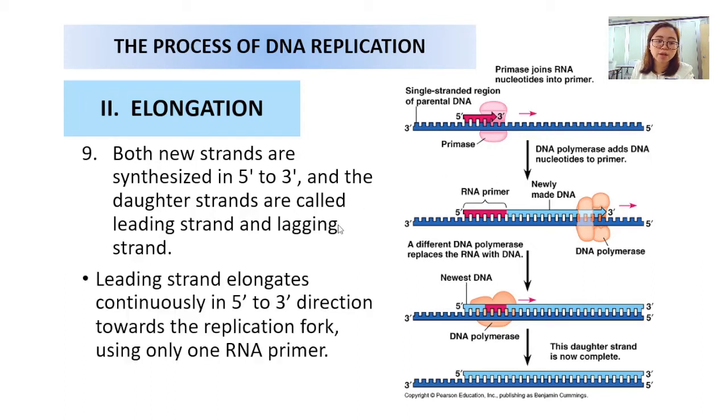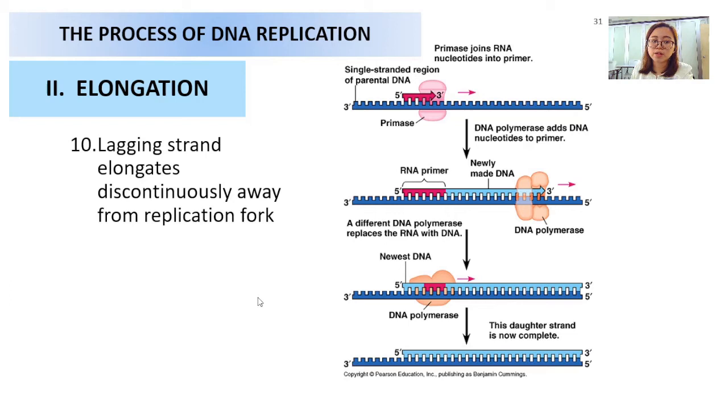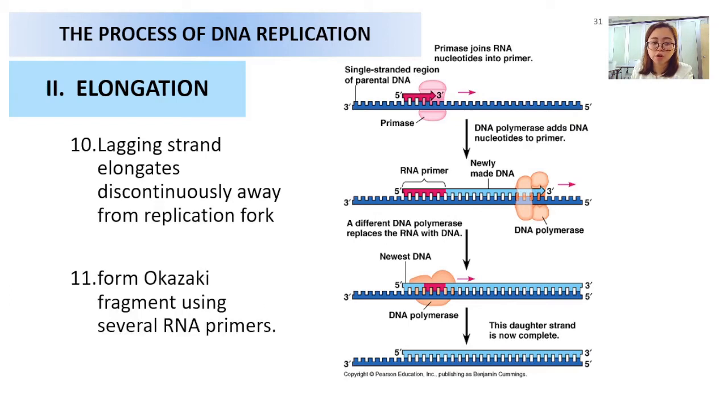The leading strand will elongate continuously in 5' to 3' direction towards the replication fork using only one RNA primer, which is what I mentioned just now. The lagging strand will elongate discontinuously away from the replication fork, and they will form Okazaki fragments using several RNA primers.